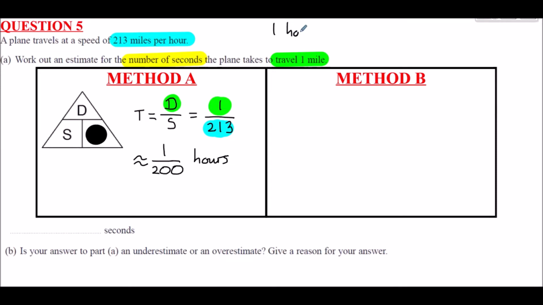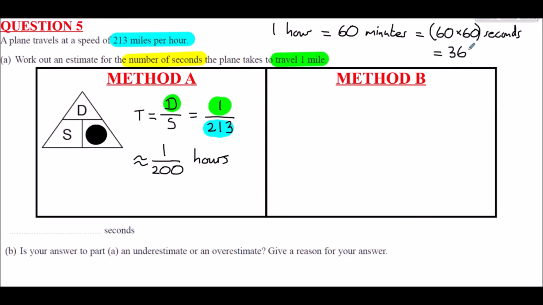Well, 1 hour equals 60 minutes. But each one of those minutes is in itself 60 seconds. So that's 60 lots of 60 seconds. So 6 times 6 is 36.